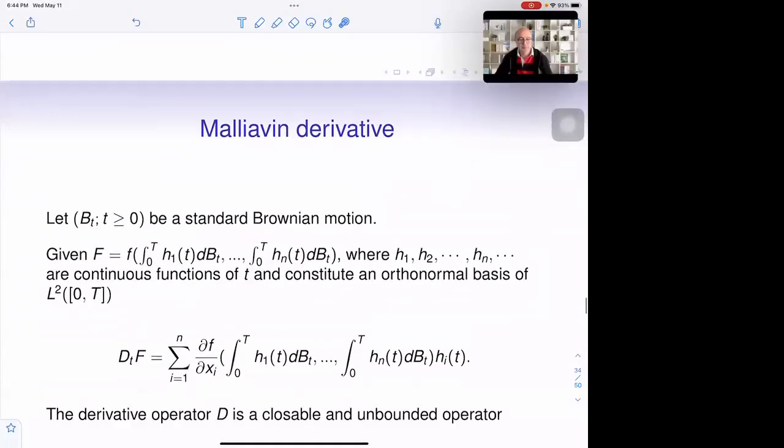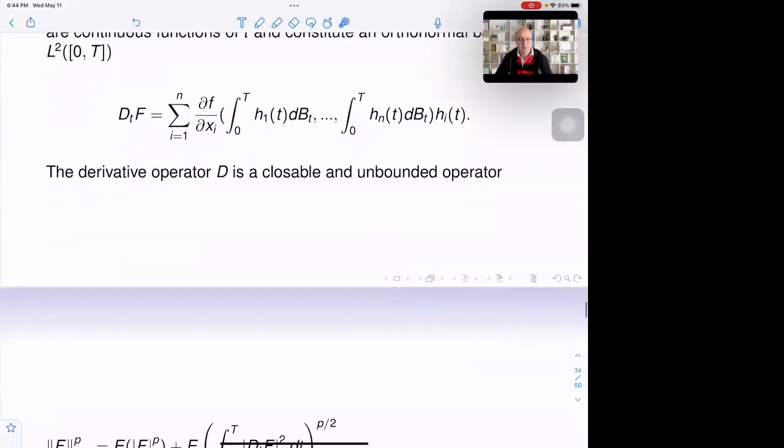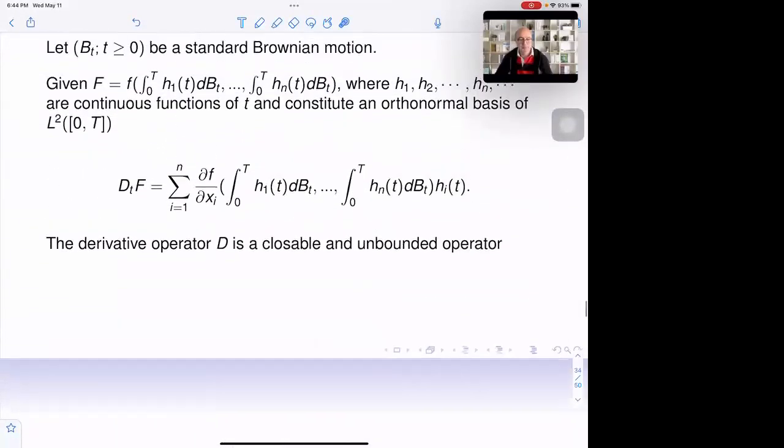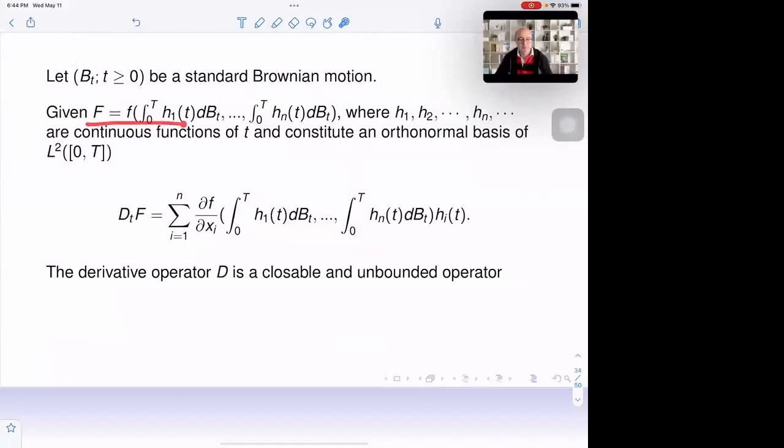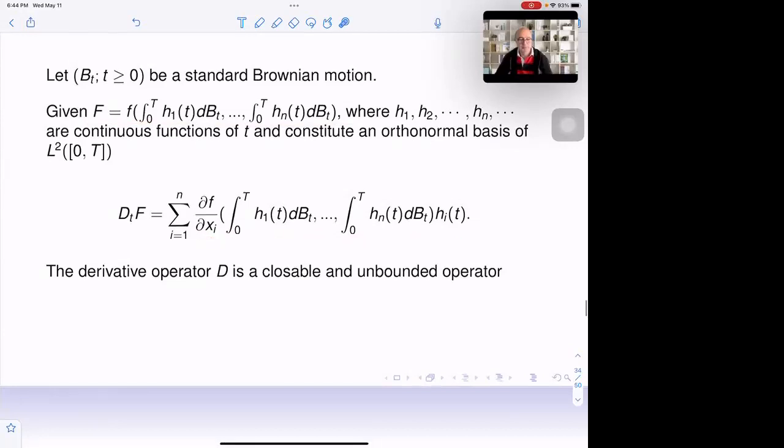So how to define the Malliavin derivative? You define it like this. First you define it for cylindrical functions, for some simple functions. Then you define it in general by using the chain rule. The only thing you have to define is the derivative of the basic element, which is just h_t.